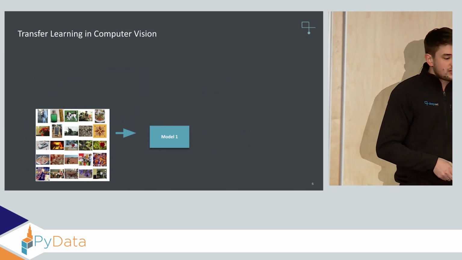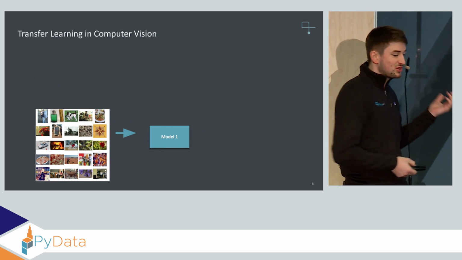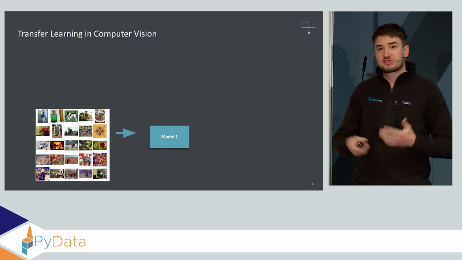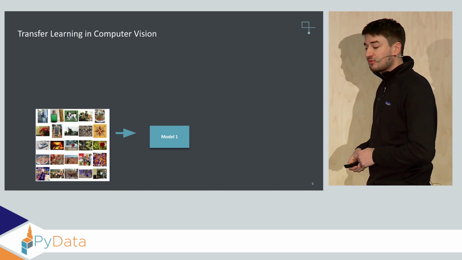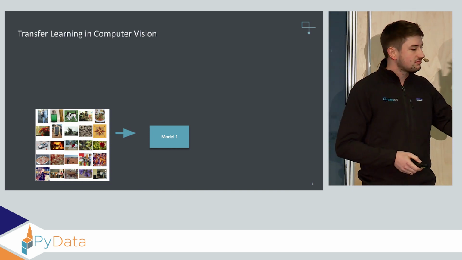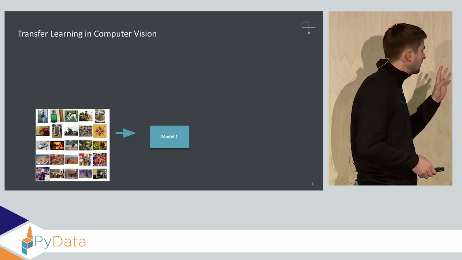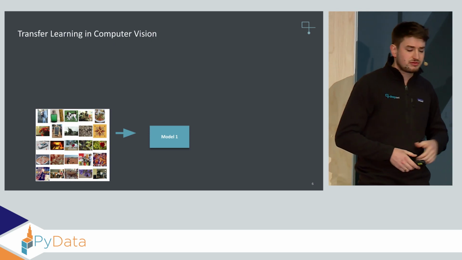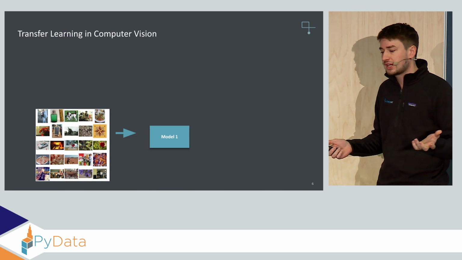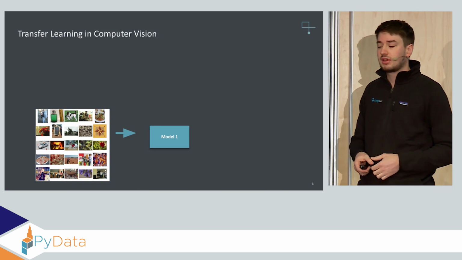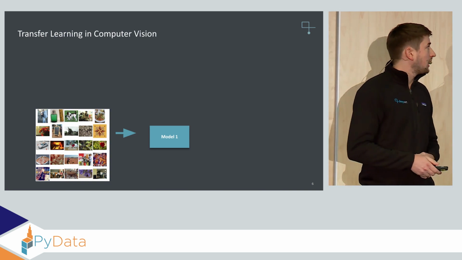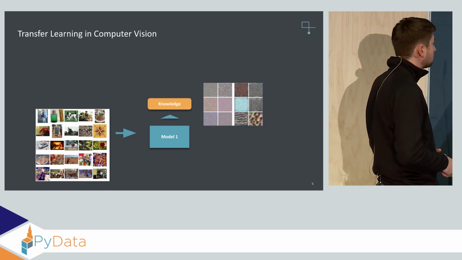Transfer learning is not new at all. It has been around in computer vision for years. So I guess some of you come from this field and know that there was ImageNet, I think published in 2011, 2012, around that. A huge collection of images annotated with objects, and people use that to train a model.